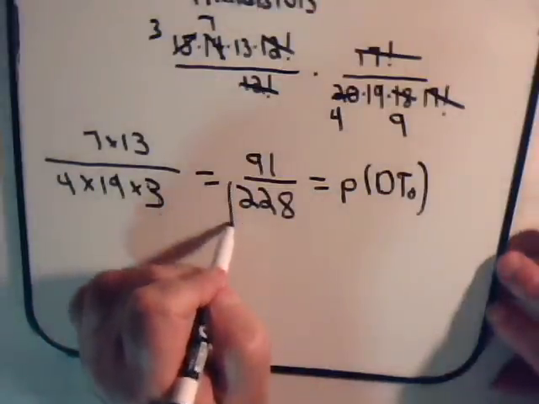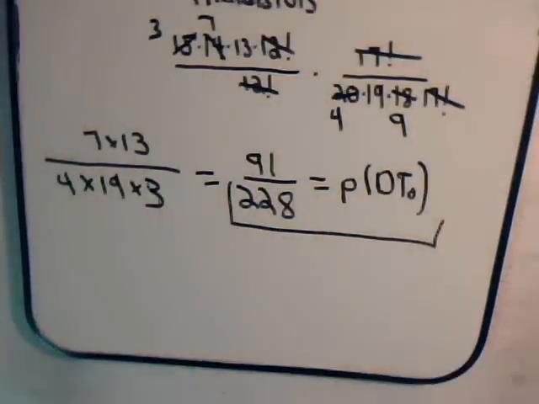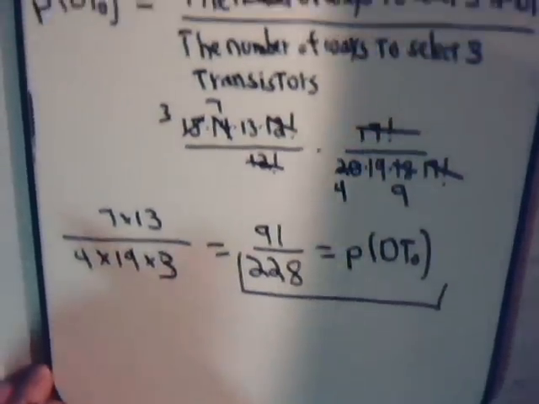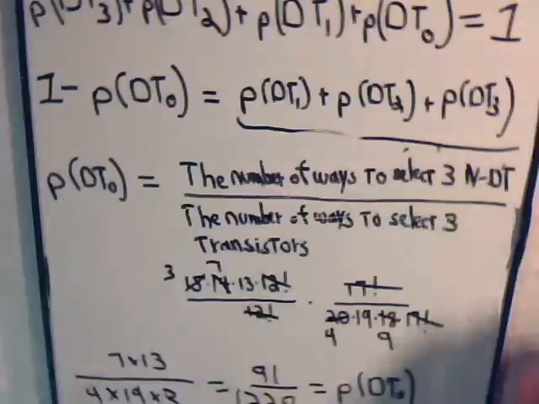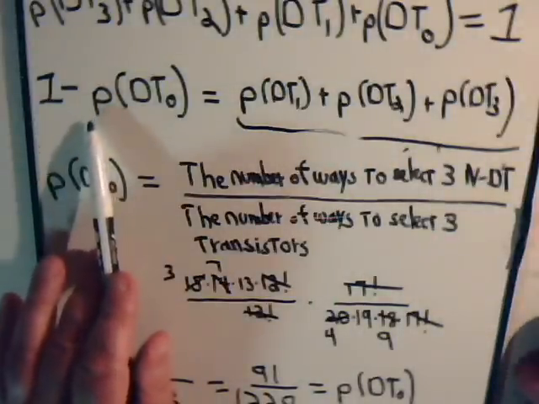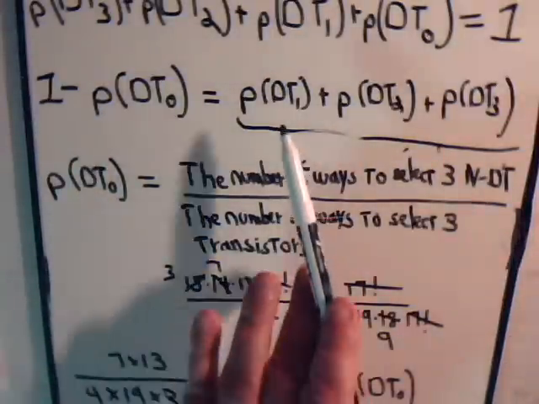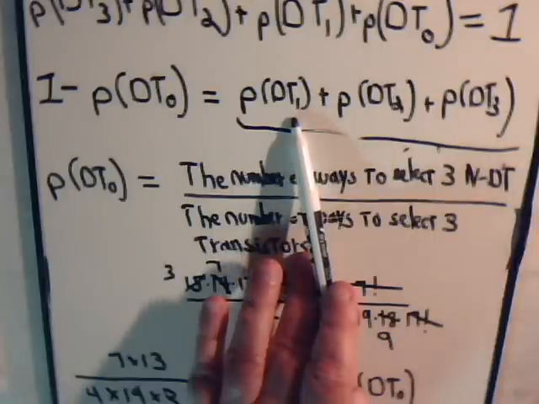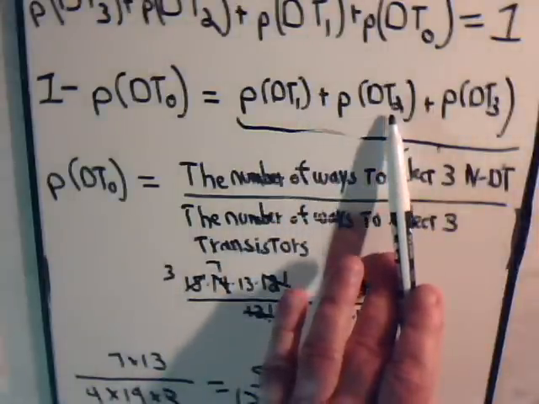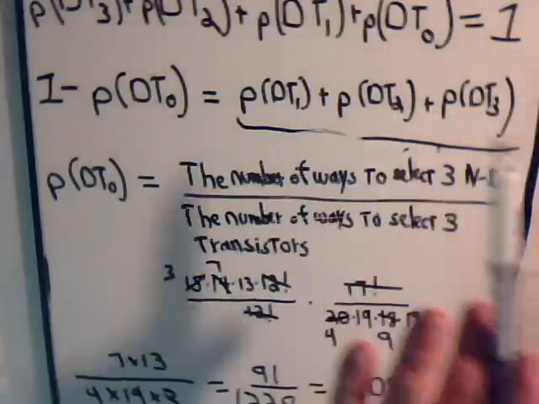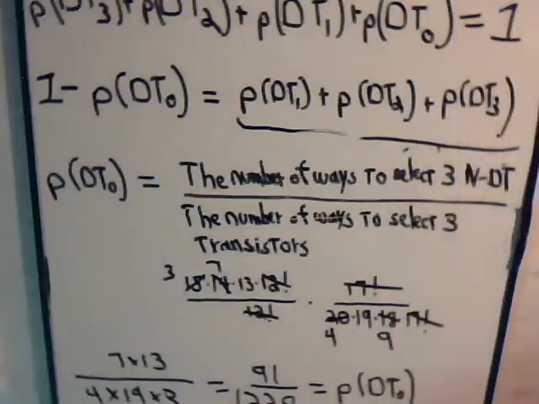transistors. Now, from up here, we had that 1 minus this is equal to the probability of having 1 defective transistor plus the probability of having 2 defective transistors plus the probability of having 3 defective transistors.